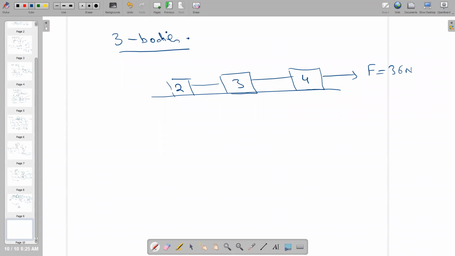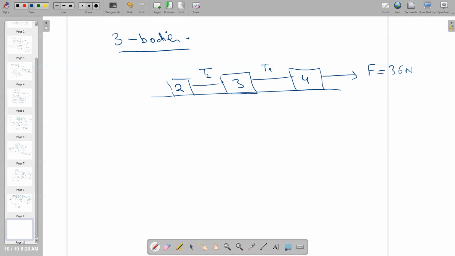This is given. The question is to find the tensions. Suppose I'm saying this is T2, because these two masses are connected with this string. Here I will write the tension T1. So the tension will be different because they are connected with separate strings.